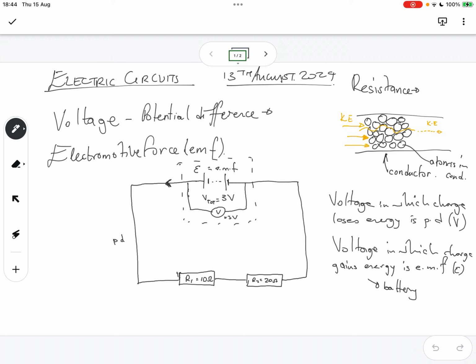Okay. So, the last time we met, we couldn't continue with this class, but we did speak a little bit about voltage, which is potential difference, and electromotive force, which is the force that moves the electrons that flow in a line of current.